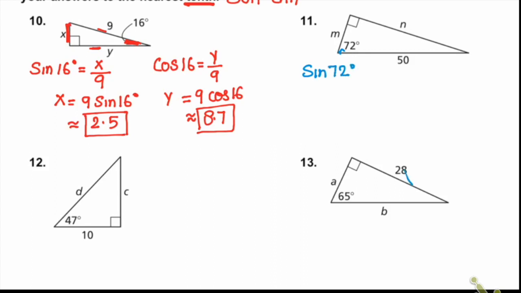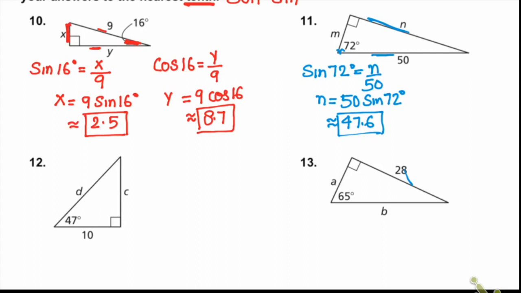Sine is opposite over hypotenuse, so that's n over 50. Cross multiply, you get n equal to 50 sine 72 degrees. Plug it in the calculator. Your answer is roughly 47.6. And please make sure your calculator is in degree mode, not radian.